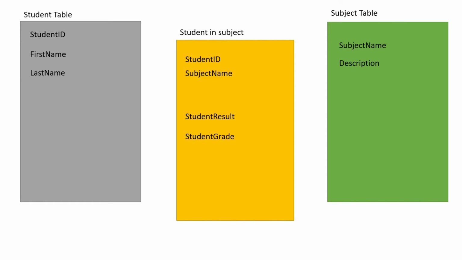The student ID and the subject name from those two tables create the primary key for the student in subject table. And the student in subject table has its own cells, such as the student result and the student grade. Since those tables are connected together, whenever you want to get information from student in subject, you need to access it and refer to the primary key in order to get information out of it.